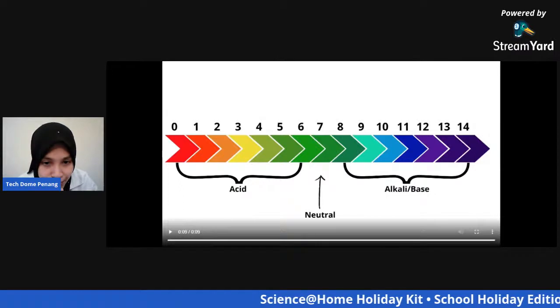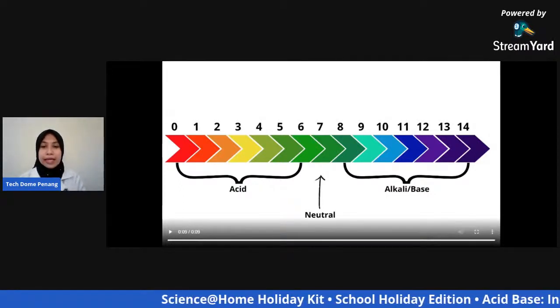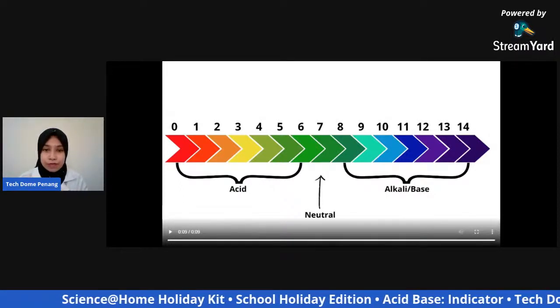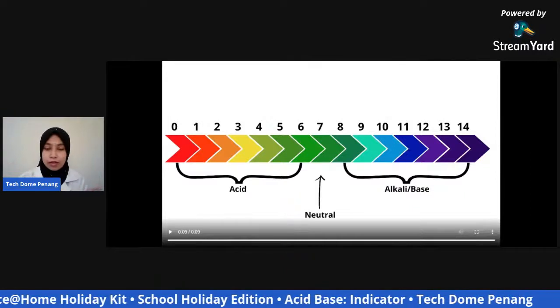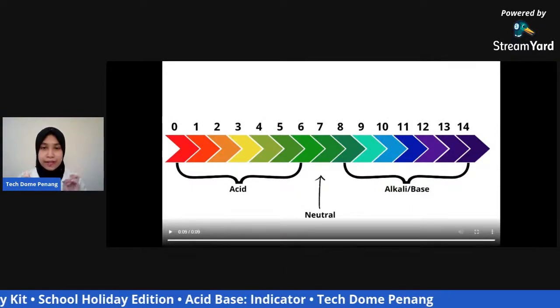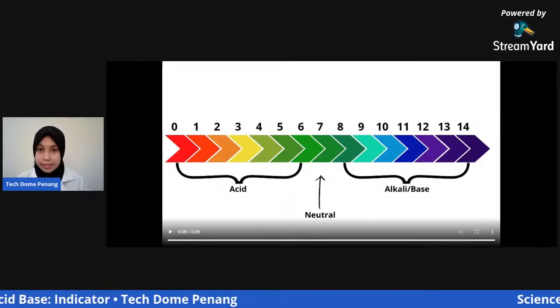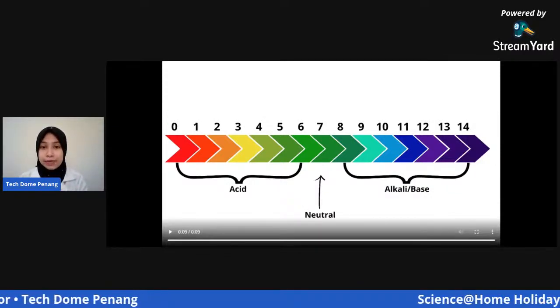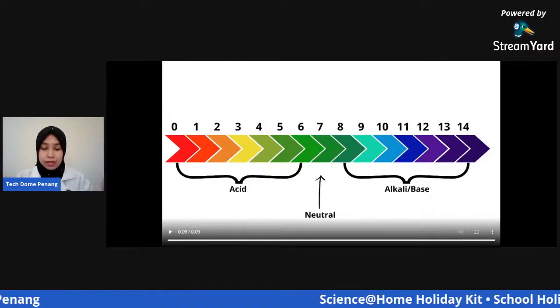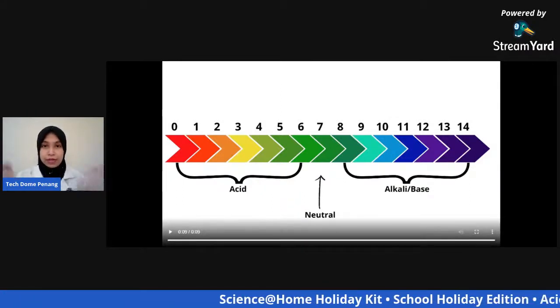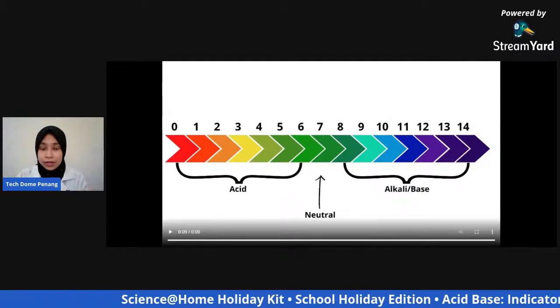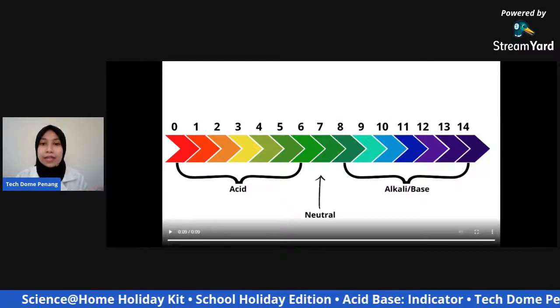And talking about acidity and corrosiveness, there is one solution called the Piranha solution, which is a mixture of a strong acid, sulfuric acid, and also hydrogen peroxide. These two mixed together produce a Piranha solution.